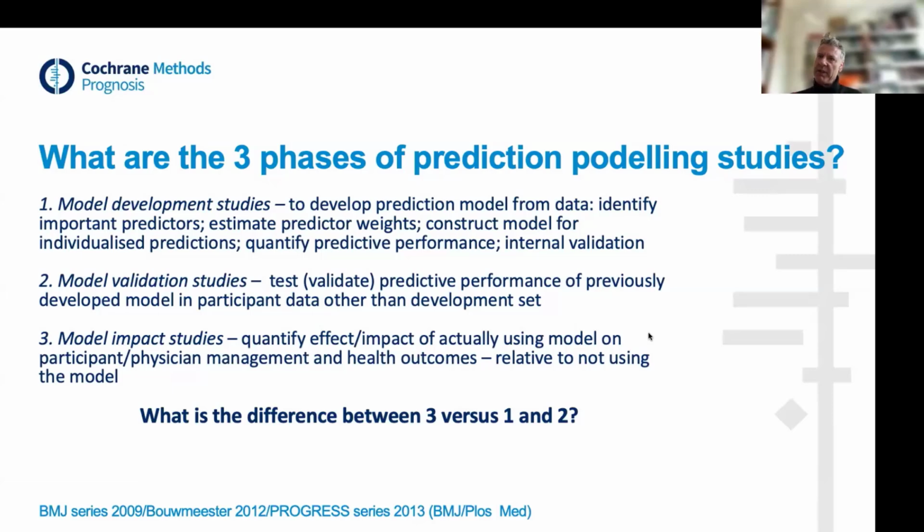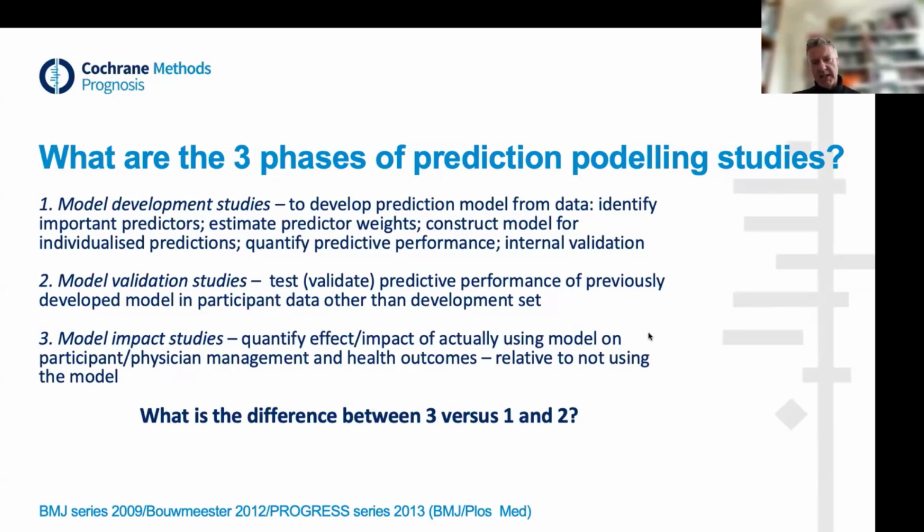And model impact studies are comparative studies, more or less intervention studies. It is a comparative study where one group of, for example, physicians or individuals use the model and superimpose management based on the predictions by the model.